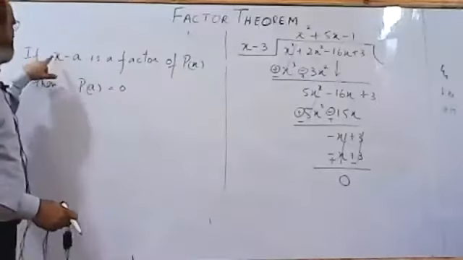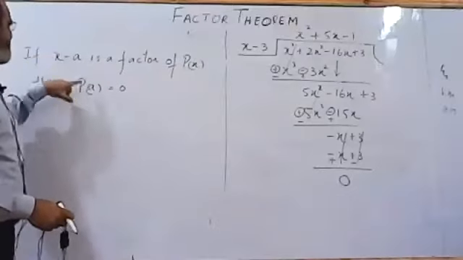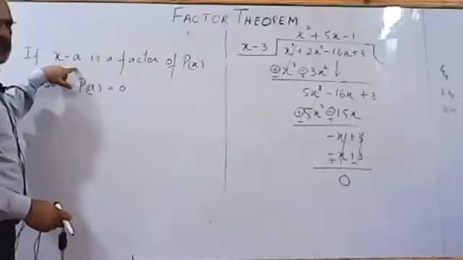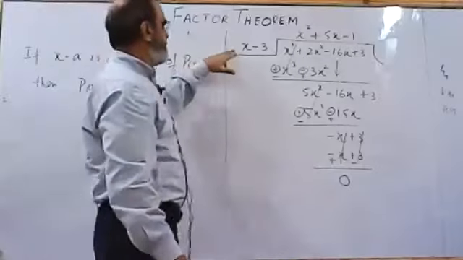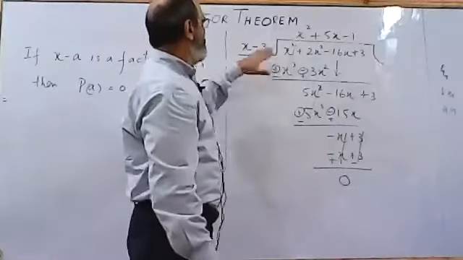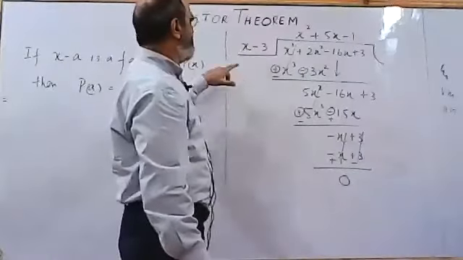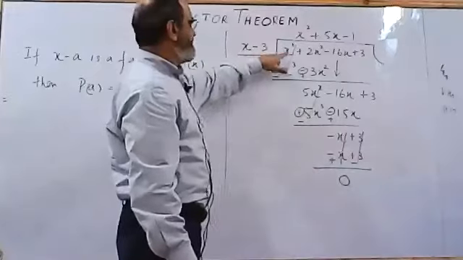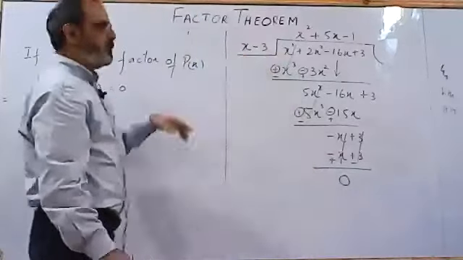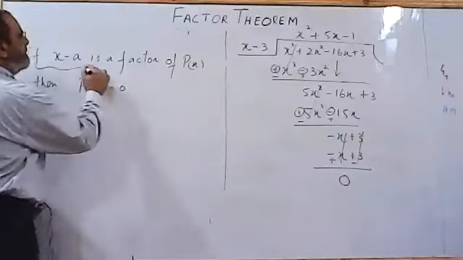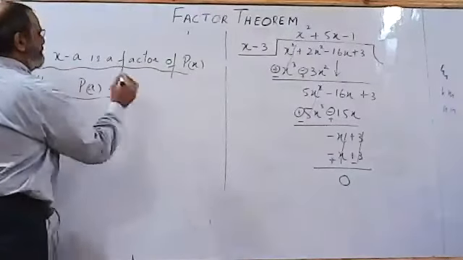It means you have to replace x by a. Like if I'm dividing the given polynomial by x minus 3, I have replaced x by 3. So this is your factor theorem.